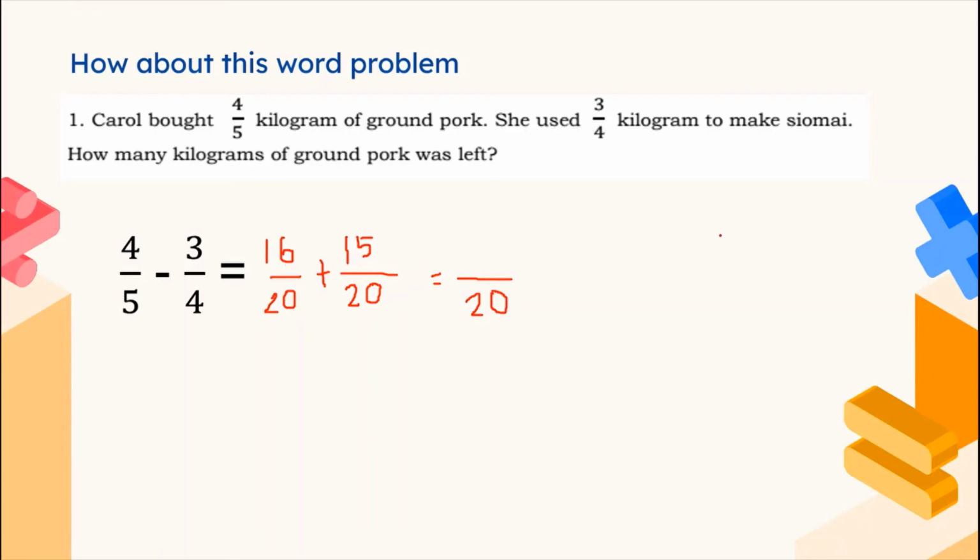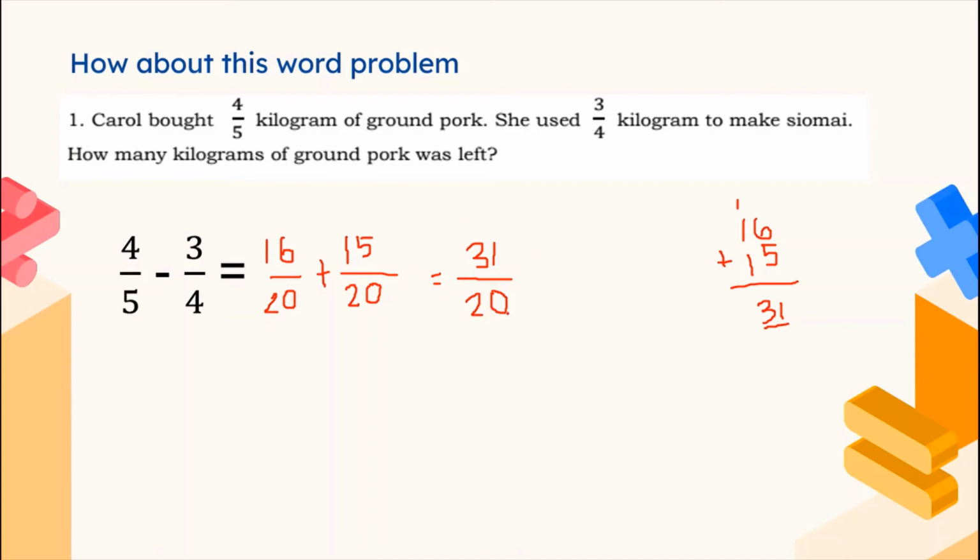So let's put it here. 16 minus 15. The numerator is 1. Now the next question is, will this be our final answer?